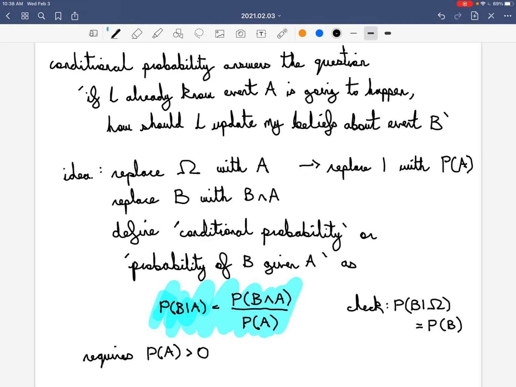There's no event B bar A that corresponds to what's inside the probability symbol here.